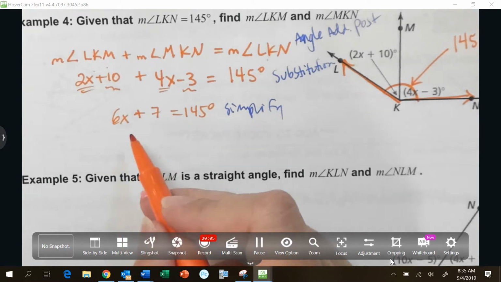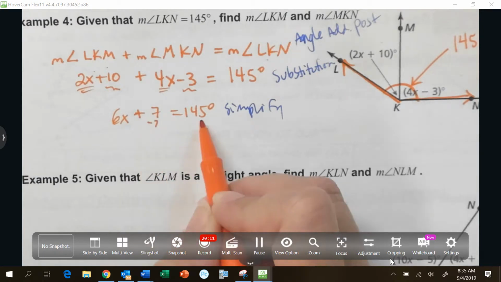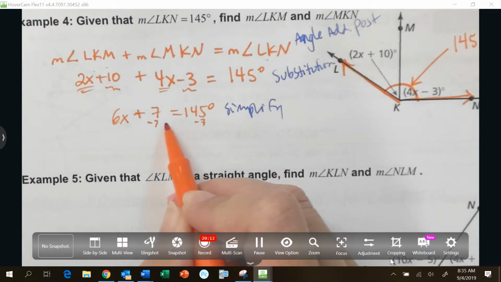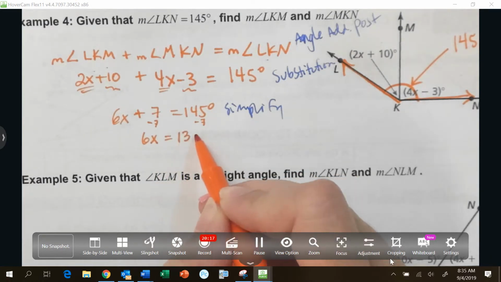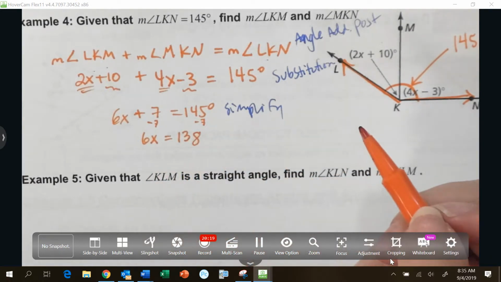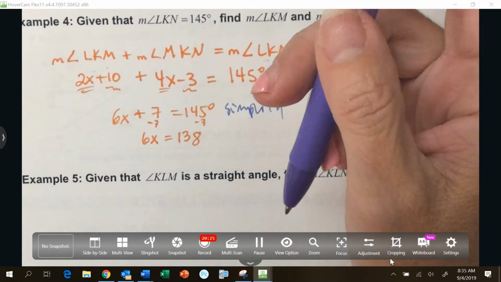Okay, so we need to get x by itself. Subtract what? 7. Yes. So 6x equals 138. Is that 138? Yeah, it was 138. Who remembers what that's called? What I just did.